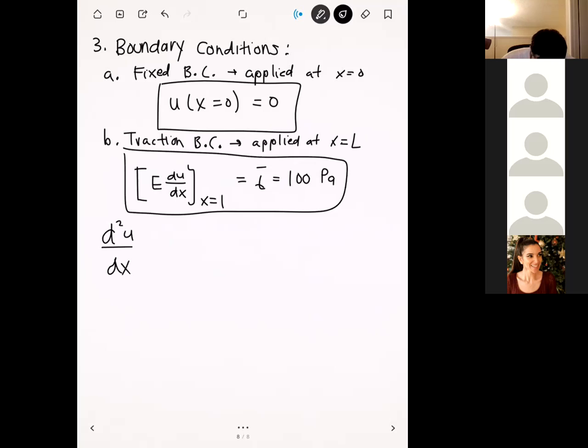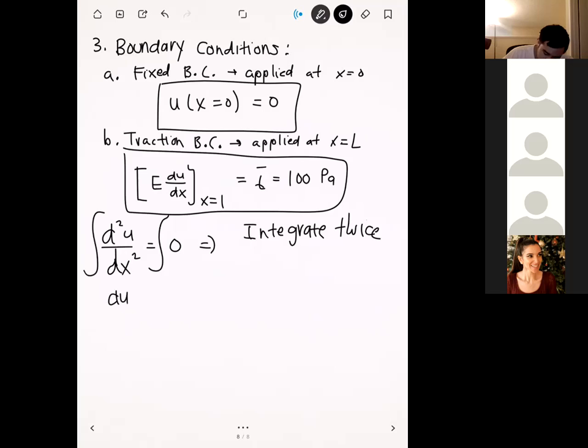Luckily for us, our governing equation here is fairly simple. We just have the second derivative equal to 0. So what we can do is just integrate this twice. We take the integral once, and what we get is du dx is equal to C1, because the integral of 0 is just 0, but because we're performing indefinite integrals, we have to add our arbitrary constant.